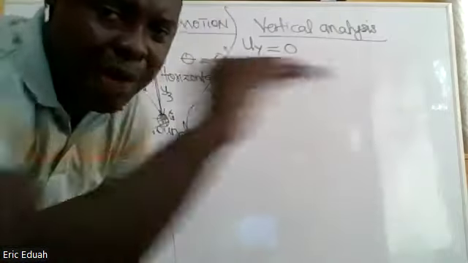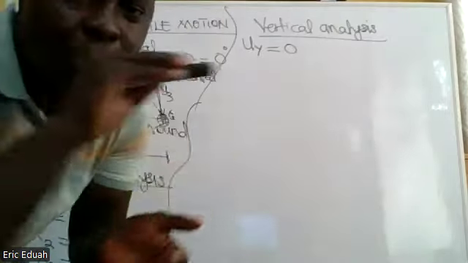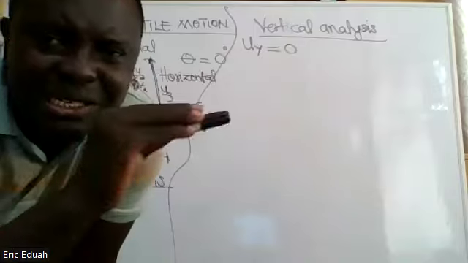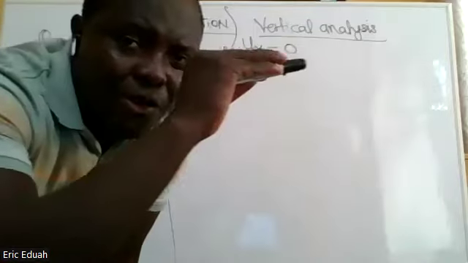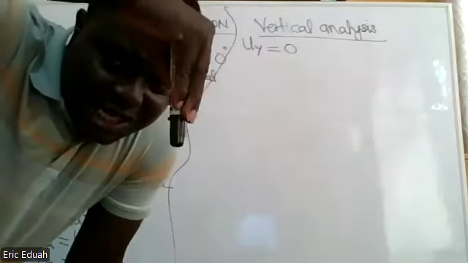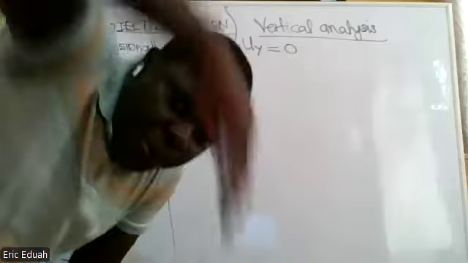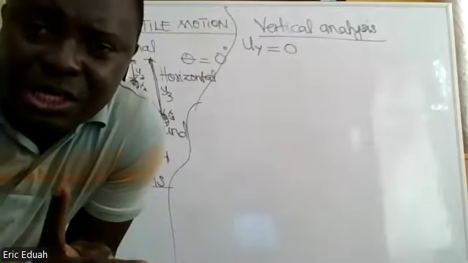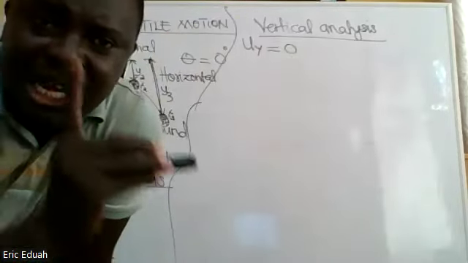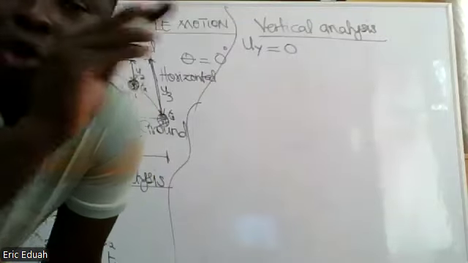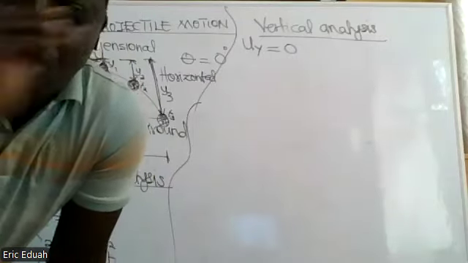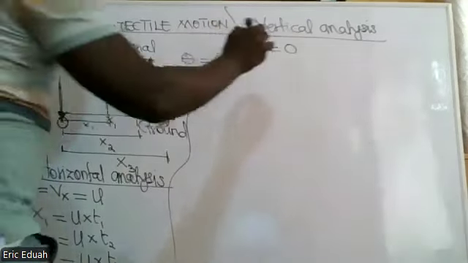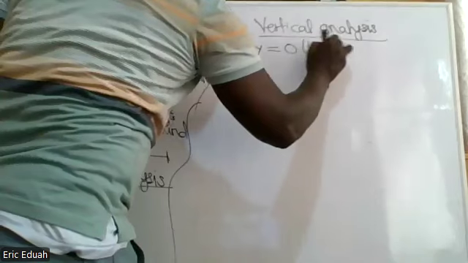So initially, the velocity is 100% horizontal component and zero vertical component, unless you are pushing it down. The initial vertical velocity is 0 because it is being shot horizontally.